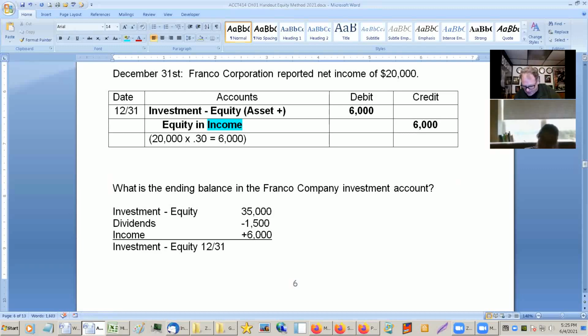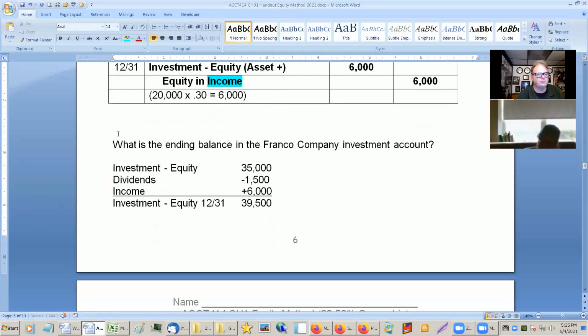So that's what will be shown on the balance sheet.